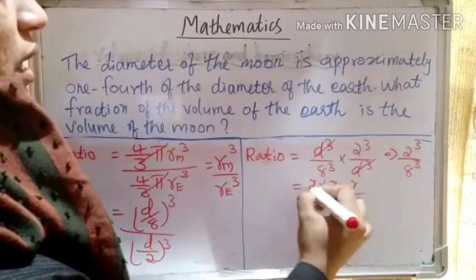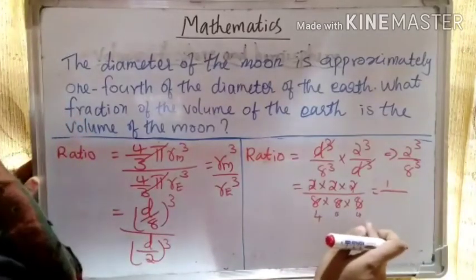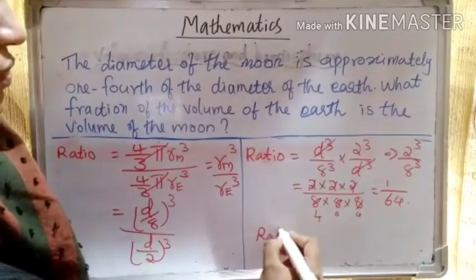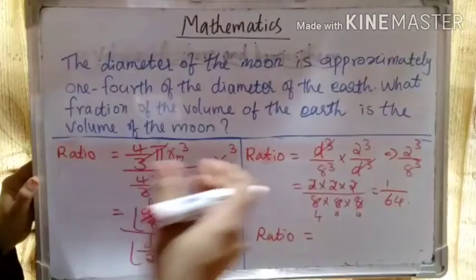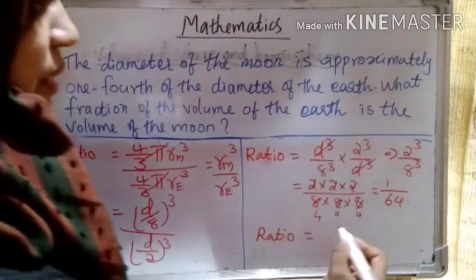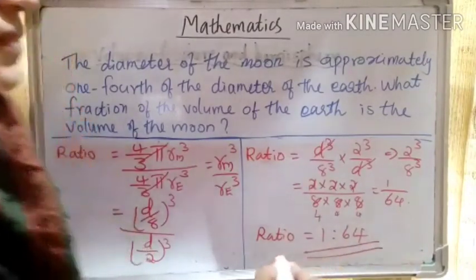Here also 4. Here also 4. So 1 by 4 into 4 into 4, 64. So the ratio of volumes of earth and moon is 1 by 64 or 1:64. Clear?